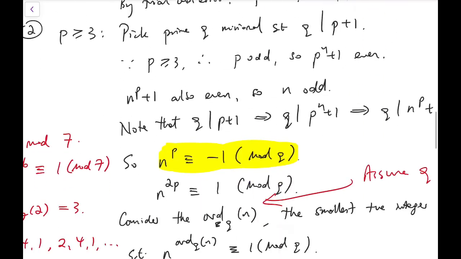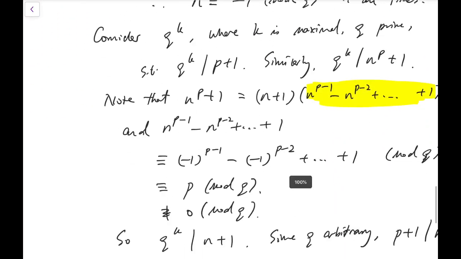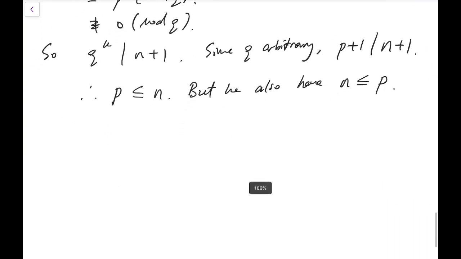So when we have both inequalities, we know that in this case, when p is at least 3, the only thing that could happen is that p equals n. So we have two groups of solutions. One is just a single ordered pair, which is 2, 4, and the other solution sets are all just equal prime numbers where p is an odd prime.